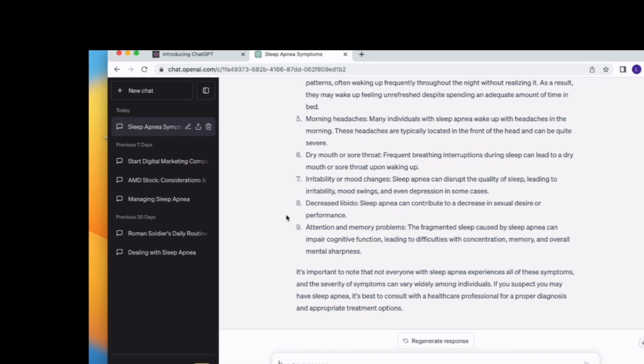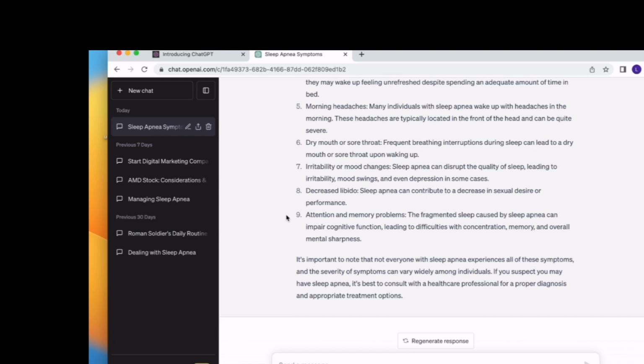The doctor's not going to be able to know that perhaps it's coming from your sleep. They're going to give you strong medication, and there's nothing wrong with taking medication, but you have to be able to tackle the root cause. You got to be able to find out why you are getting depressed. And a lot of people that suffer from depression have no idea that it's coming from the sleep.